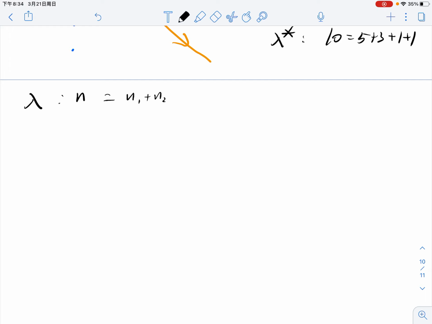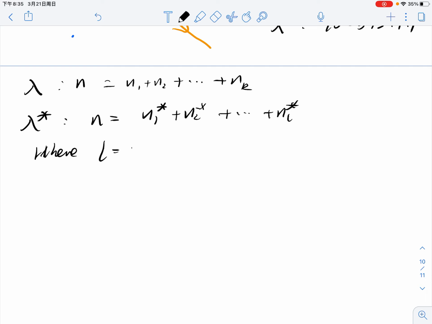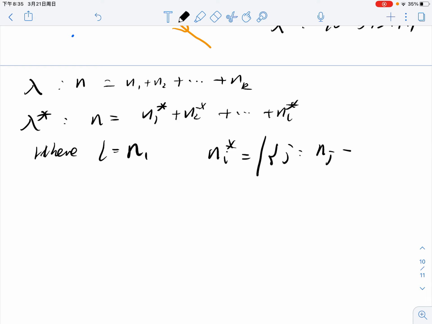Suppose lambda is given by n1 plus n2 all the way to nk, and you can define lambda star by n1 star plus n2 star plus all the way to nl star, where l is n1, and ni star is the cardinality of the set of j such that nj is greater than or equal to i, for i between 1 and l.